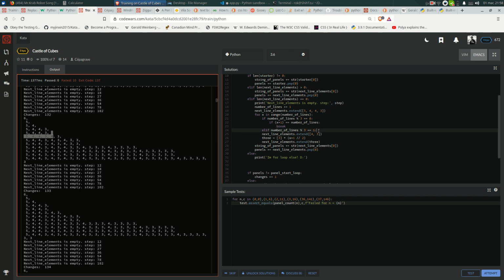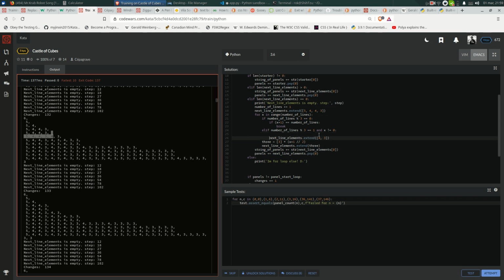But so I say that if and that and x is not 0, then say next line elements extend.